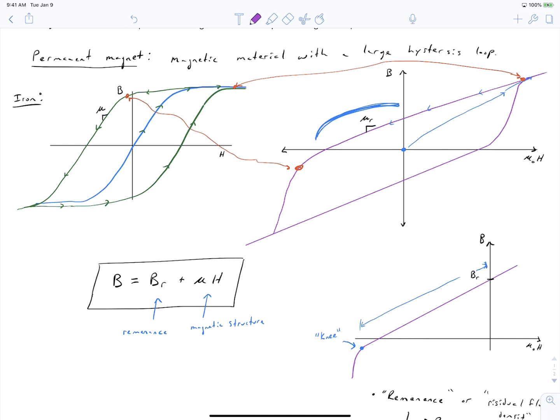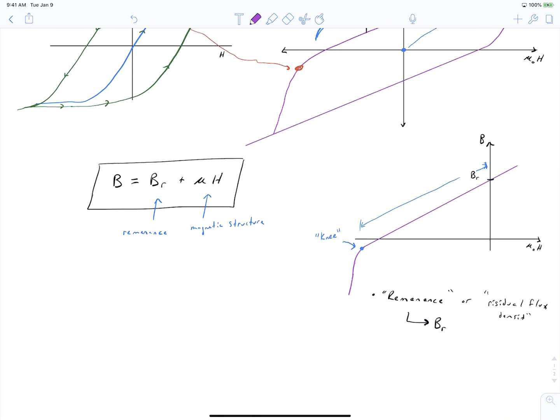If you go far enough down this line, you will actually recoil to zero magnetization. The value of H that causes your magnet to become completely demagnetized, the value of H that leads to Br equals 0, is called your intrinsic coercivity, and this is usually represented as Hci.